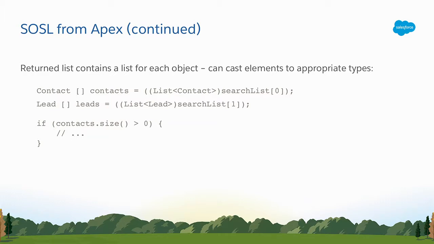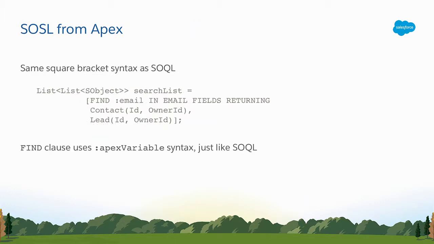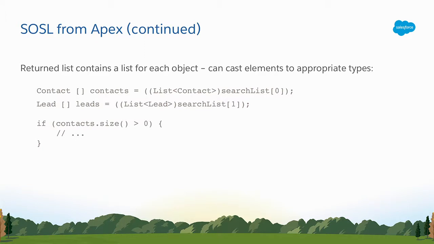If I'm asking for contacts and leads, what comes back is a list with a list of contacts and then a list of leads. You can cast those to the correct type and manipulate them as you usually would. So it's a little bit of Apex sObject polymorphism going on.